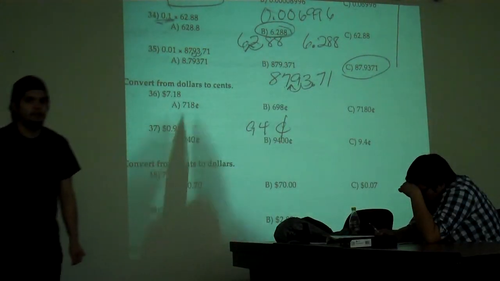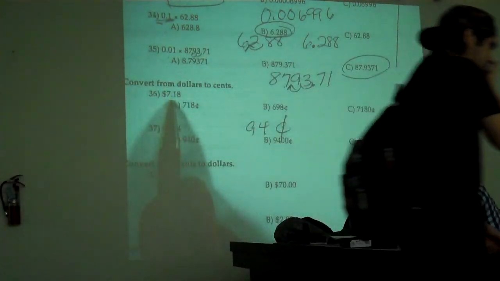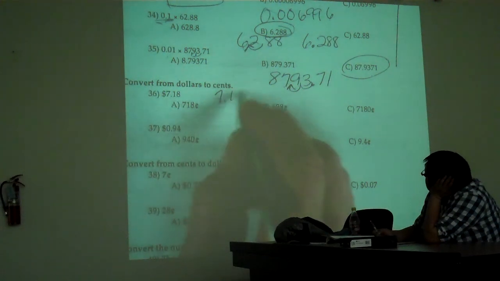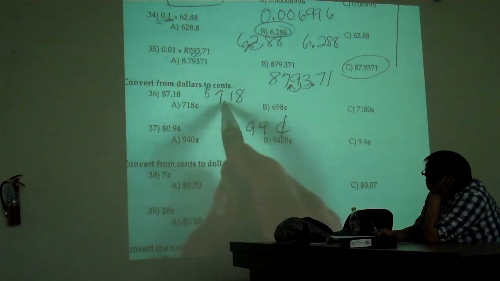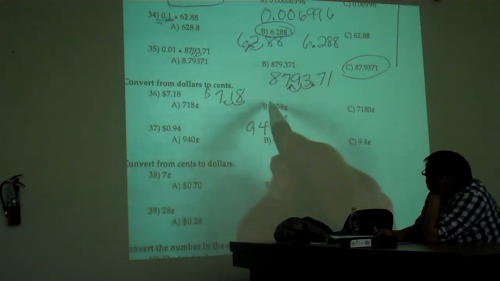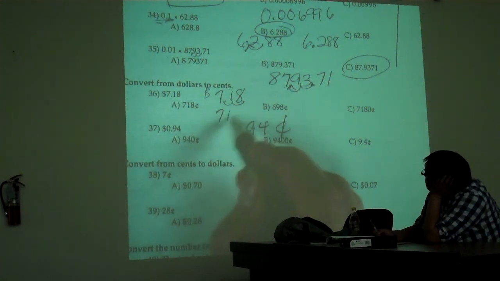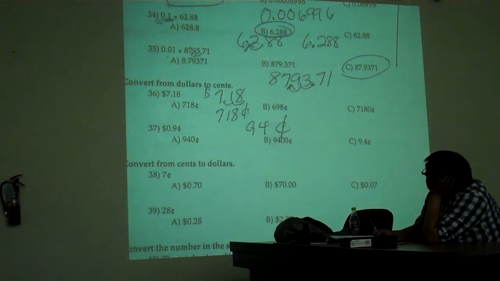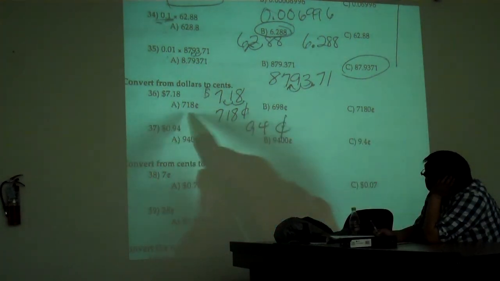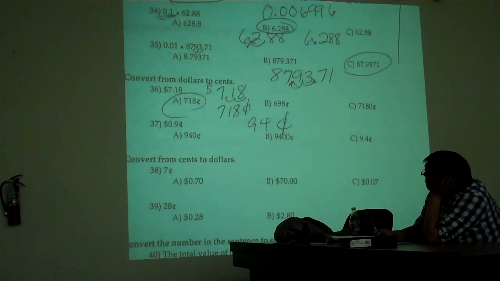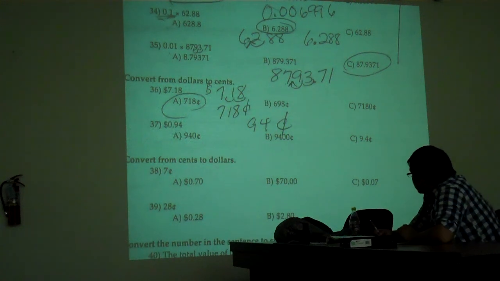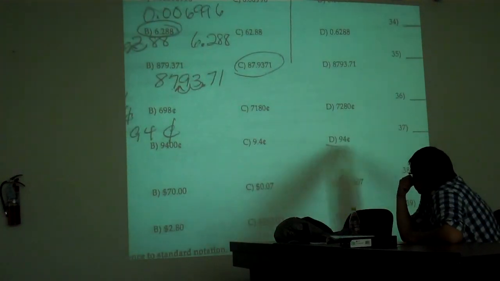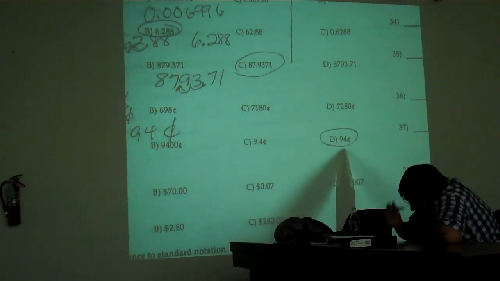So for this one, you move it 2 times to get how many cents? 7.18, moving it 2 times gives you 718 cents. So that would be A, 718 cents. 37 was 94 cents, which is D.